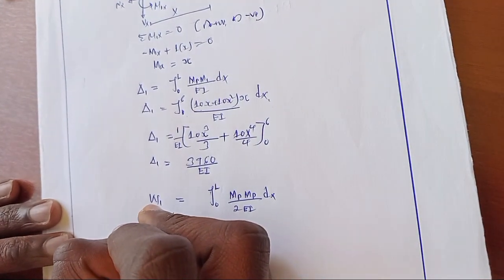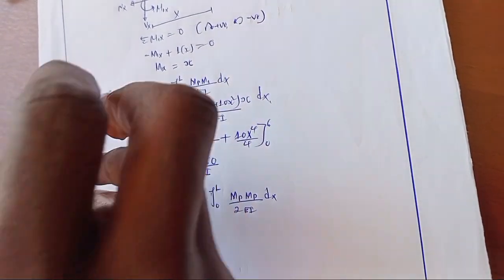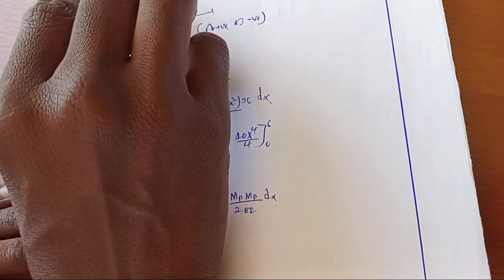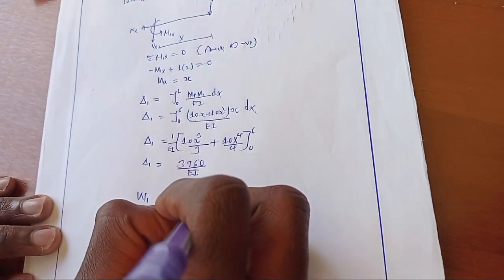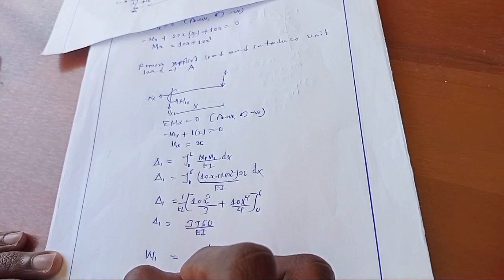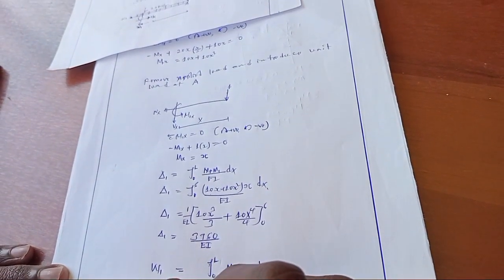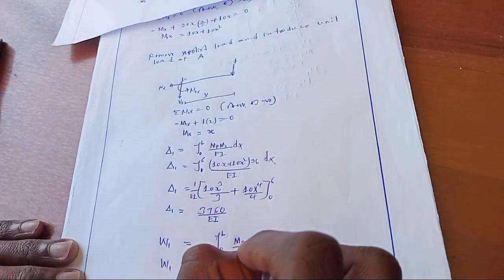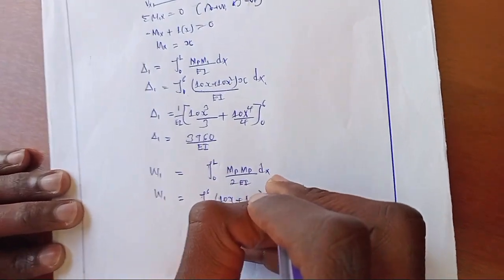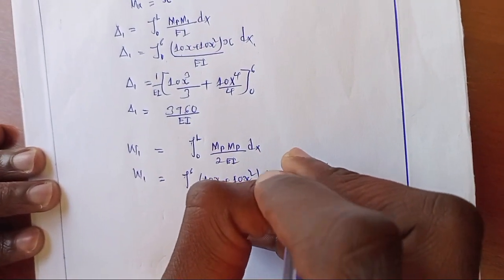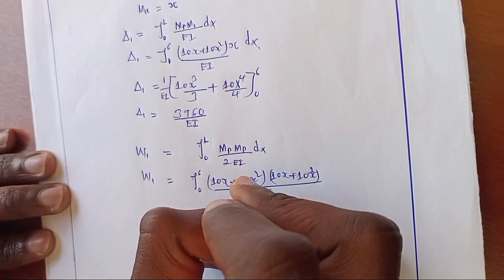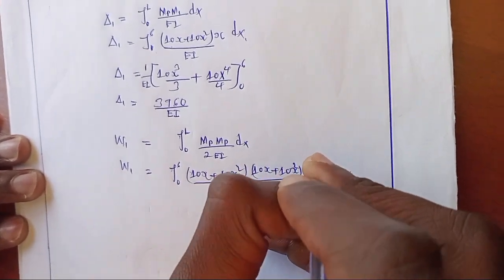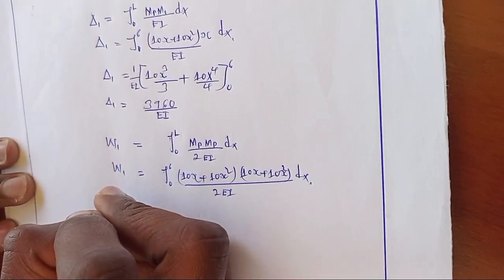Moment due to applied load is this one, so it will be from 0 to 6, 10x plus 10x square times 10x plus 10x square over 2EI dx.